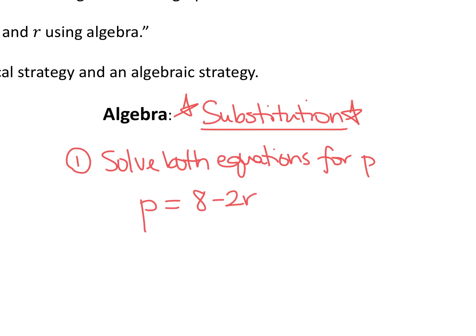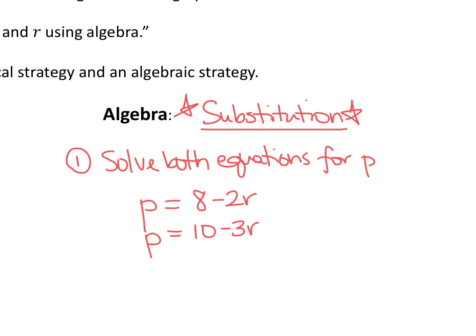So that's our first one, solve for P. And then we're going to solve the large painter kit equation for P. For that, we need to minus 15r from both sides and then divide everything by 5. So we end up with P equals, 50 divided by 5 is 10, and minus 15r divided by 5 is minus 3r. Okay, so I've just rearranged the equations, solved them for P.